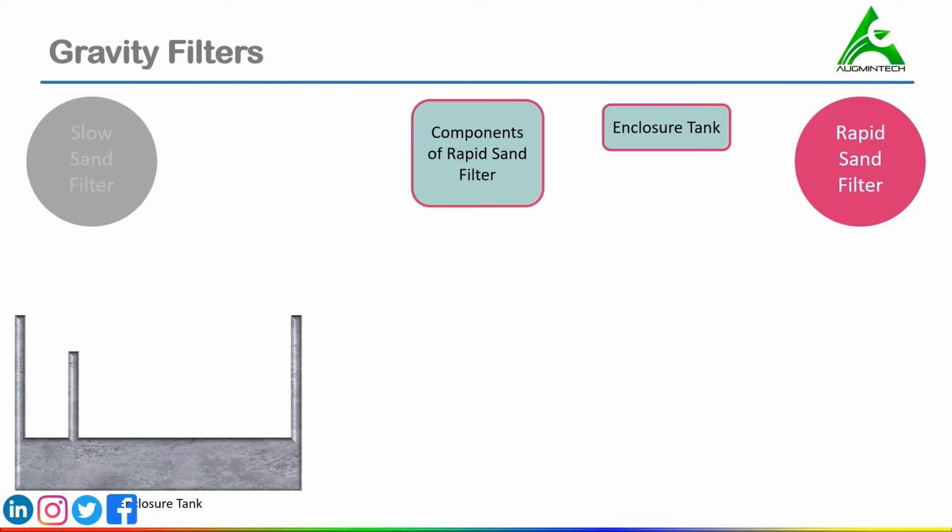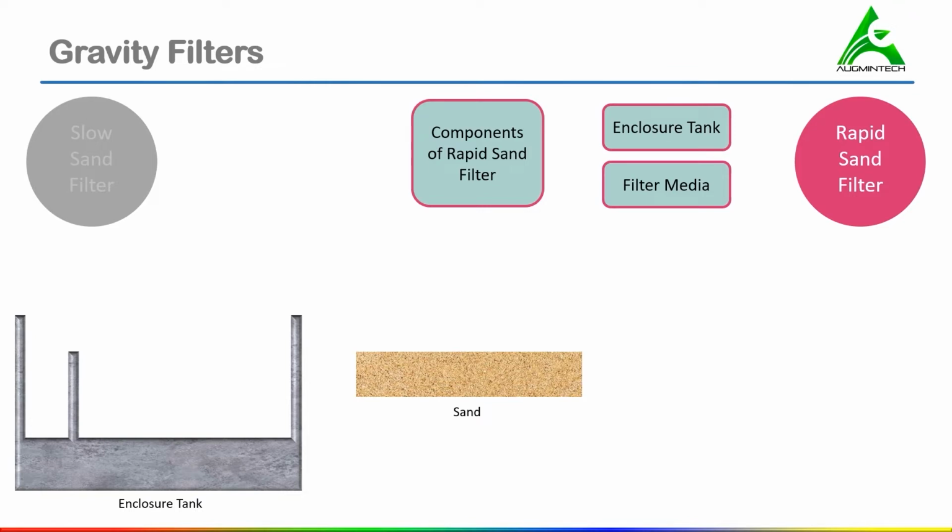And the next component we have is filter media. The filter media generally consists of a sand layer as shown in this picture. It is a sand bed of thickness 60 to 75 centimeter. The effective size of the sand varies from 0.45 to 0.70 mm.